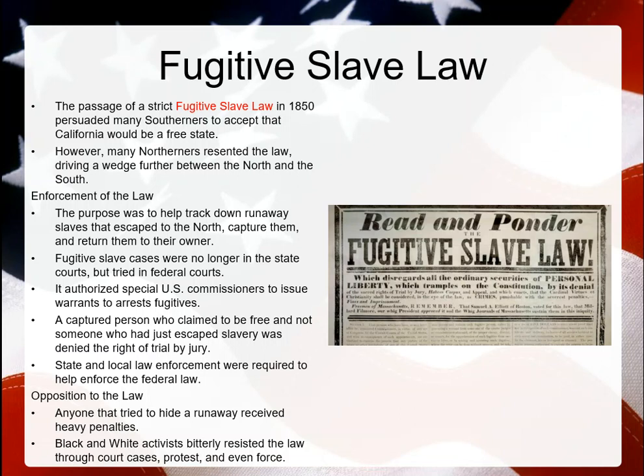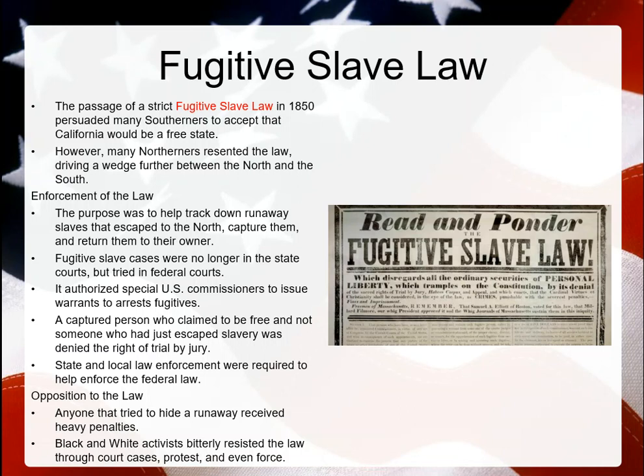That is the compromise, and they're more willing to go along with California being a free state because of it. The purpose was to help track down runaway slaves that escaped to the North, capture them, and return them to their owners. Fugitive slave cases were no longer in state courts but were held under the federal courts.